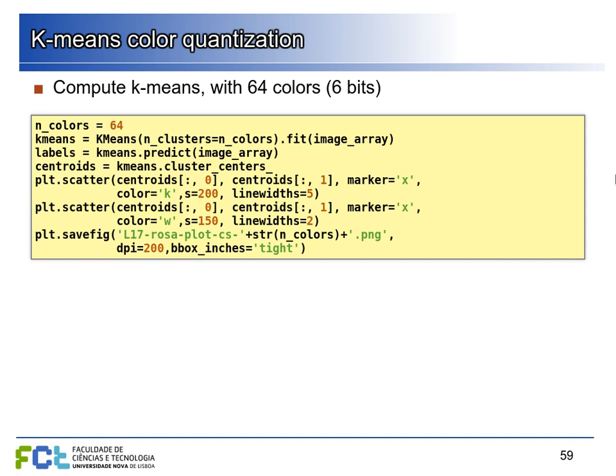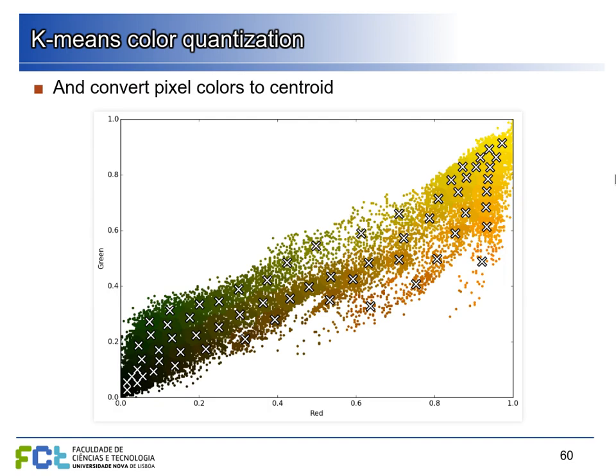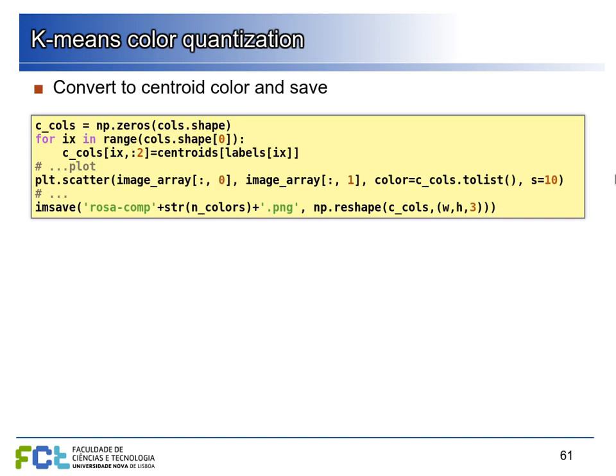And now, after computing the k-means, we can convert the color value of all points in one cluster to the color of the centroid, so that all our points will only have 64 different colors. This is easy to do. We have the labels for all the colors, so we can go through each of our pixels.